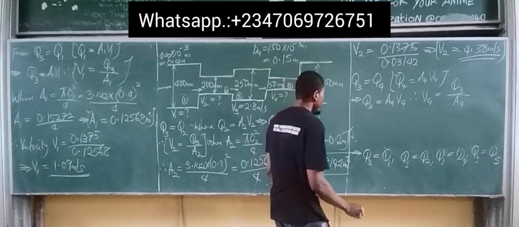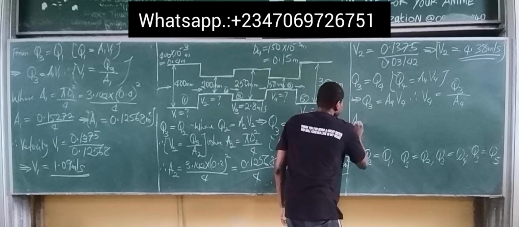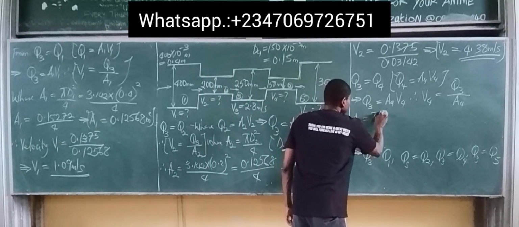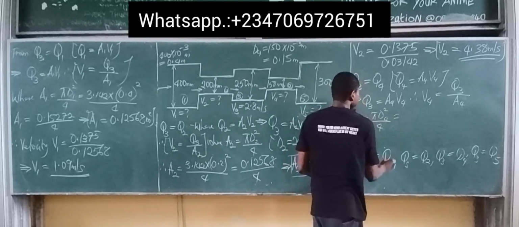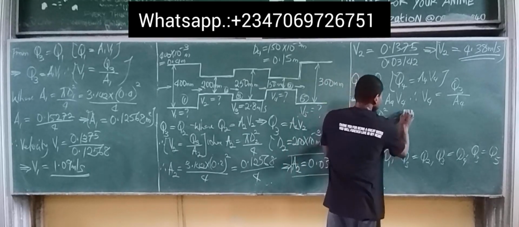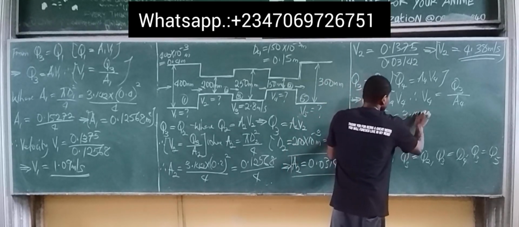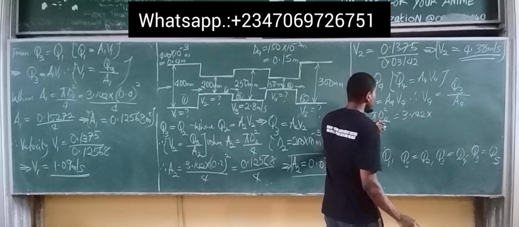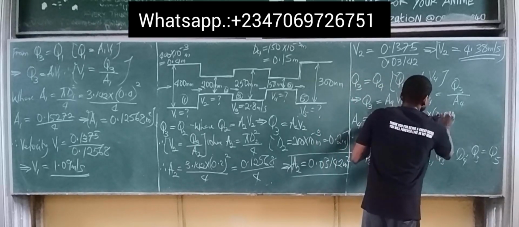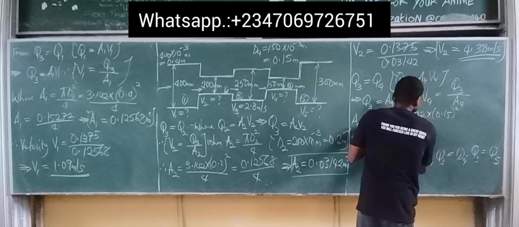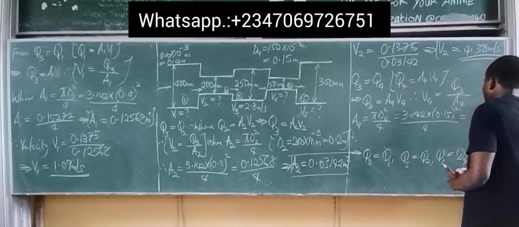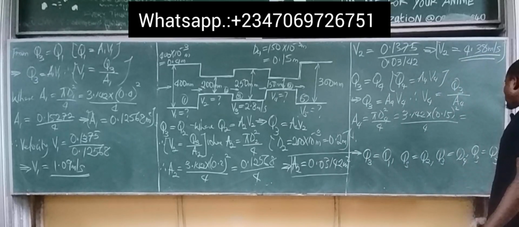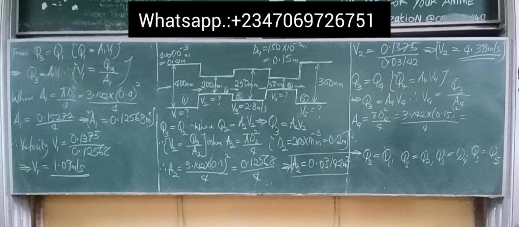Therefore, the area of pipe 4 is pi, diameter of 4 all squared, divided by 4. Pi is a constant value, 3.142, multiplied by the diameter, which was given as 0.15, all squared, all over 4. So let's obtain 3.142 multiplied by 0.15 squared.